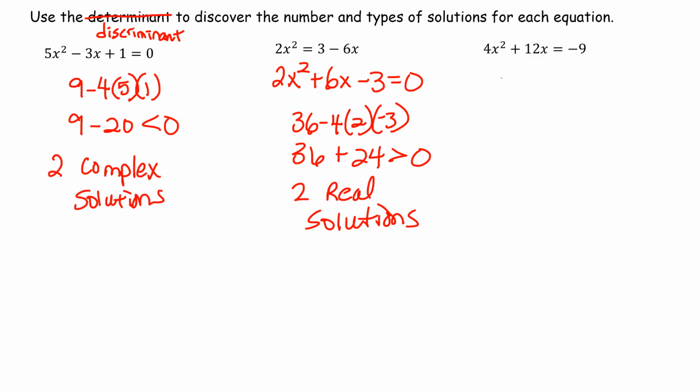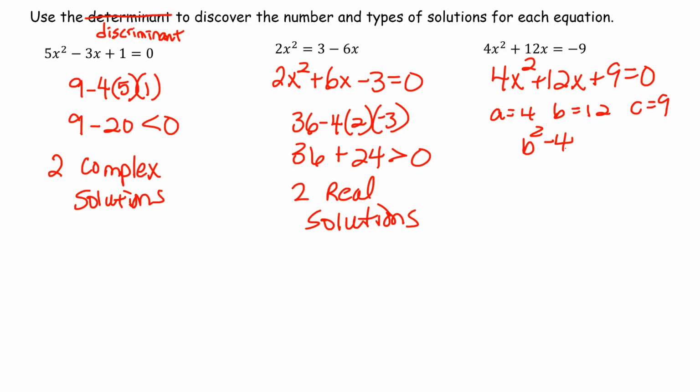And then on the last one, again, we have to get everything on one side in order and 0 on the other side. Here, your a is 4, your b is 12, and your c is 9. So your b squared minus 4ac, your discriminant, is going to be 144 minus 4 times 9 times 4, which is 144.